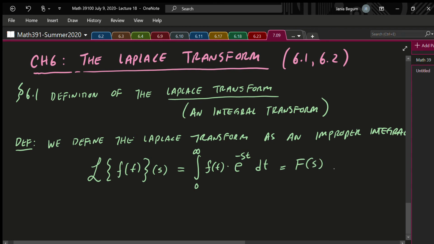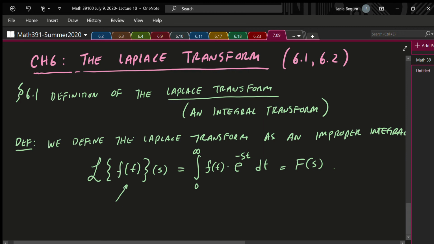So let's analyze this for a moment. What are we doing? We're taking this machine, okay? This machine is called the Laplace transform. What does it do? It takes the function, whatever you input. I'm inputting f of t into my Laplace machine, right?